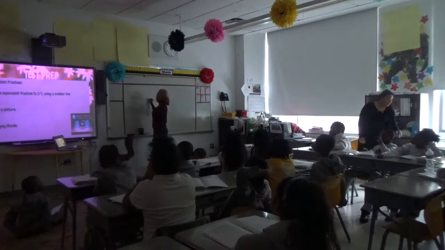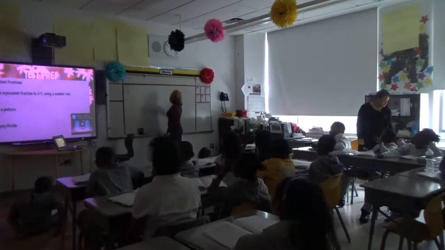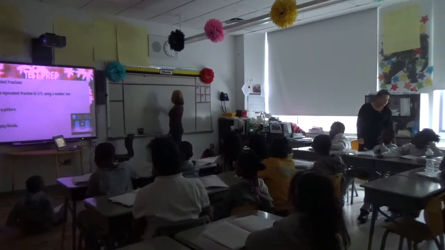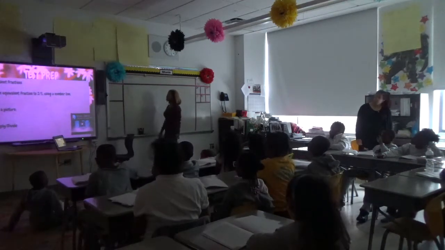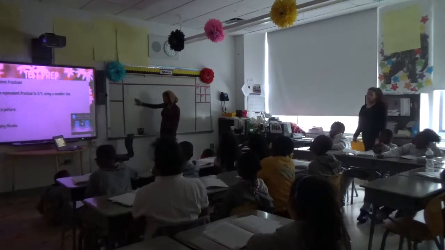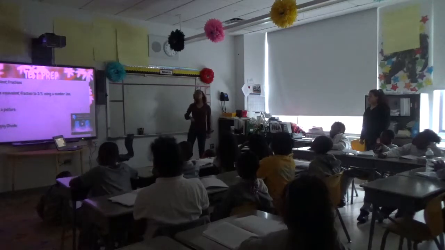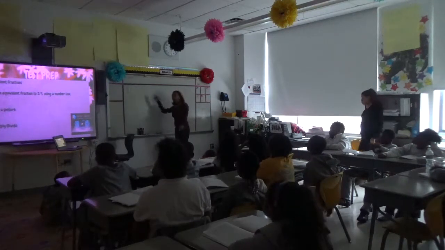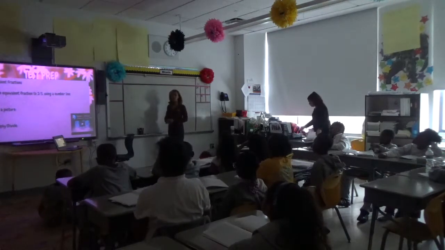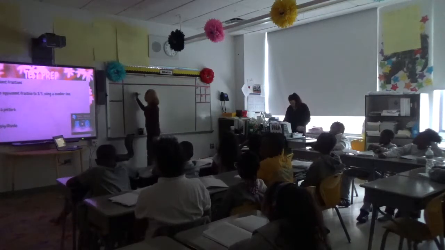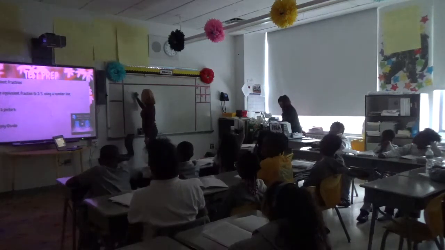So split, split, split. I split it. Now let's count how many spaces I have. 1, 2, 3, 4, 5, 6. So my new denominator, because we're about to label the top, is going to be 6. So now this is 0/6, and I'm boxing it.